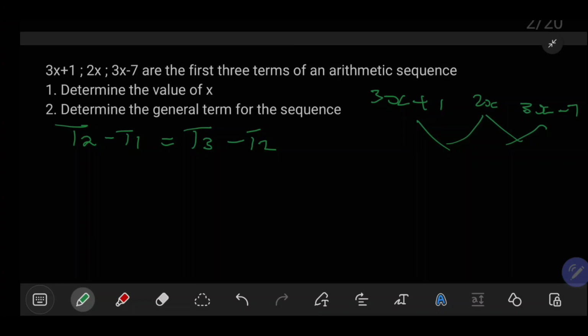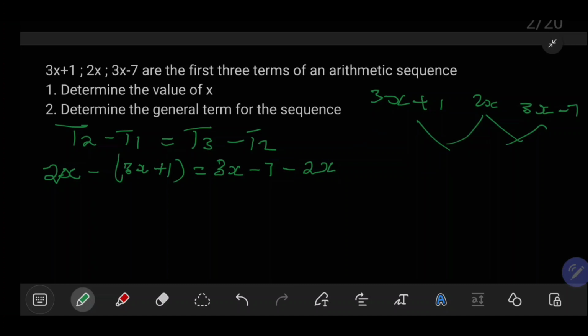Okay, so we are going to say t2, which is 2x, and then we subtract t1, which is (3x plus 1). Okay, notice how I put the bracket here, because this negative should affect everything in this term. So this is equal to t3, 3x minus 7, minus 2x.